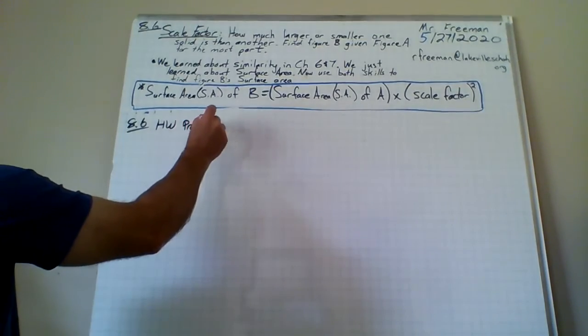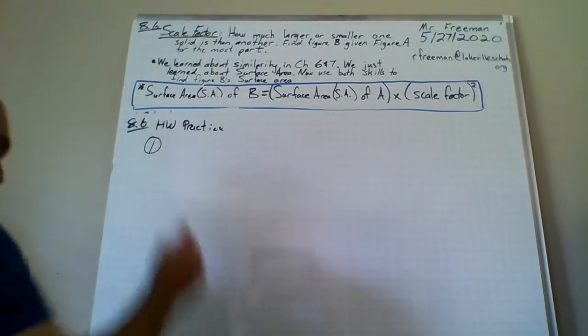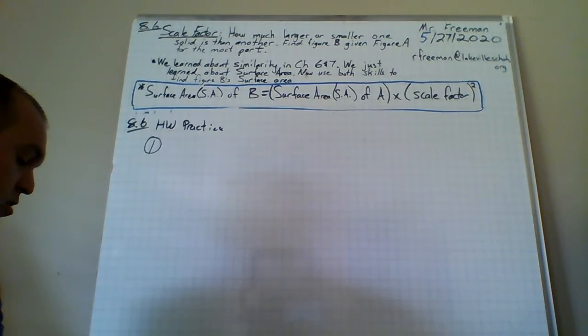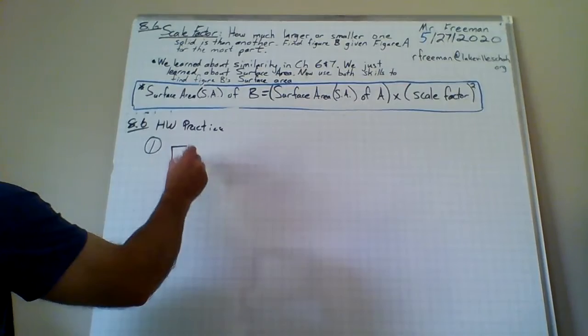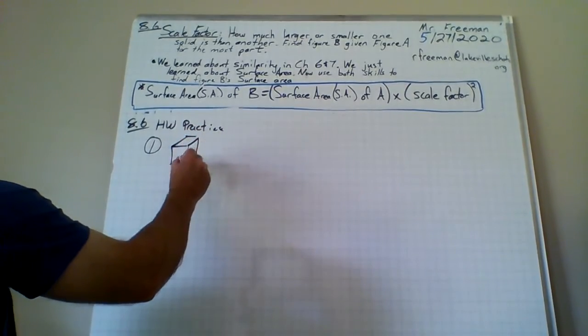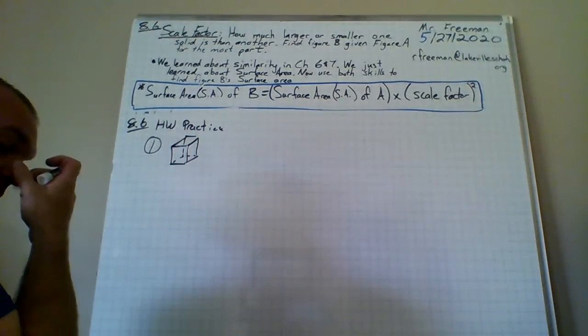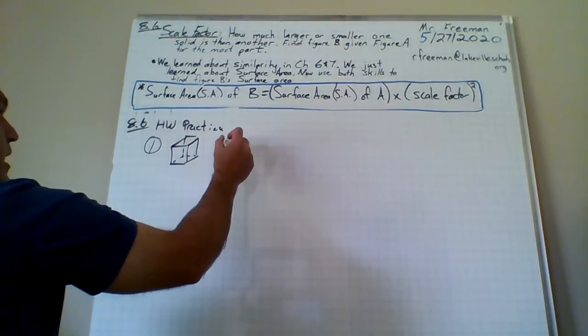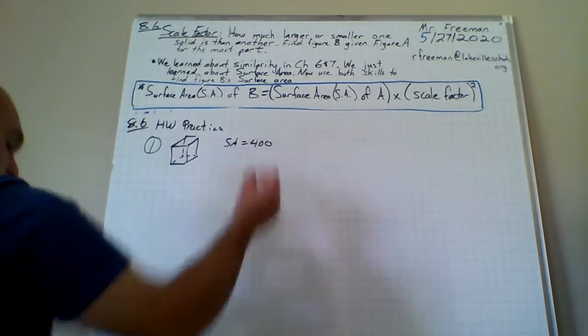First couple are going to be very basic. Okay, like I'm going to look at number 1. It has a surface area of a cube. You guys kind of know what a cube looks like, I hope. Okay, it's a box basically, and it says that surface area equals 400.